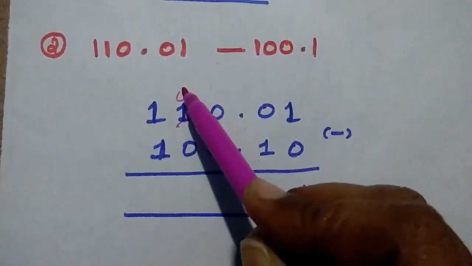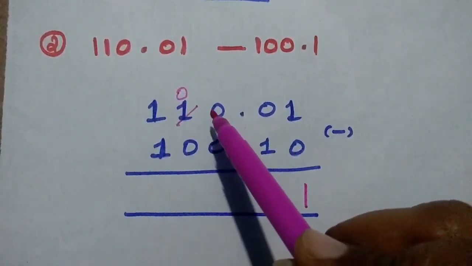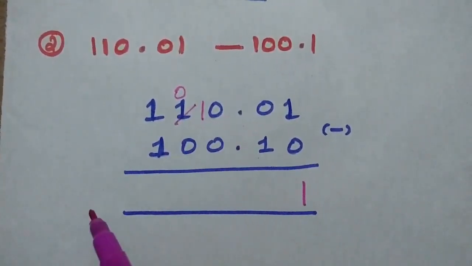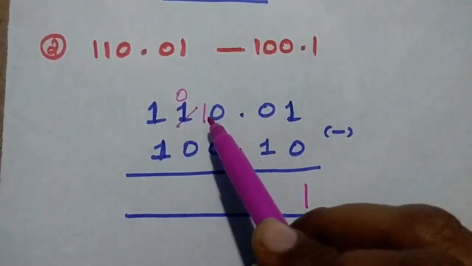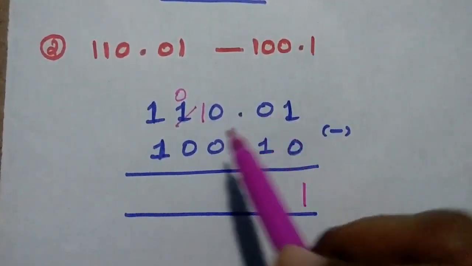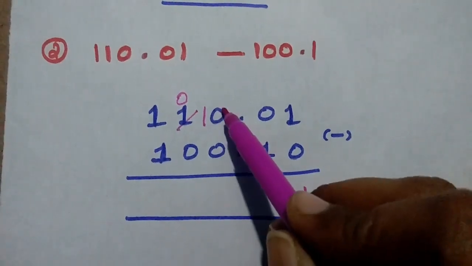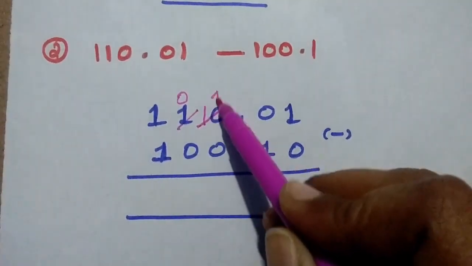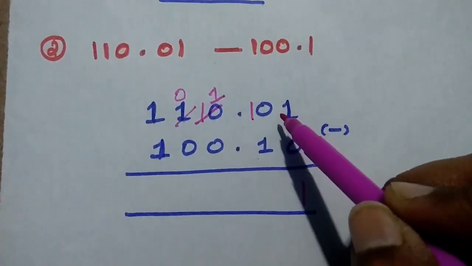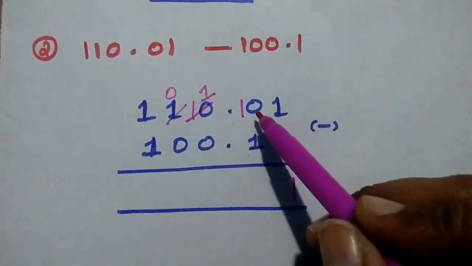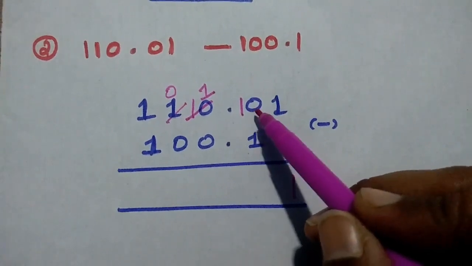So this bit becomes 10, and this 10 becomes 1 now to give one value to the next bit. So now this value is 10.